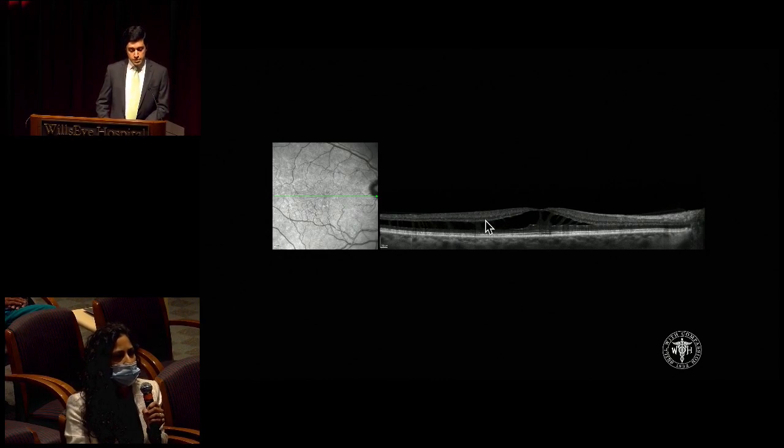Inner retinal layers, inner plexiform, inner nuclear layer look relatively normal. And then we see this separation between, I guess this would be outer plexiform here and outer nuclear layer. The outer retinal layers look normal, and choroid looks normal as well.